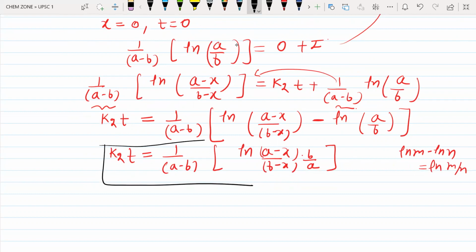So the final outcome, or value of rate constant when both reactants are having different concentration.